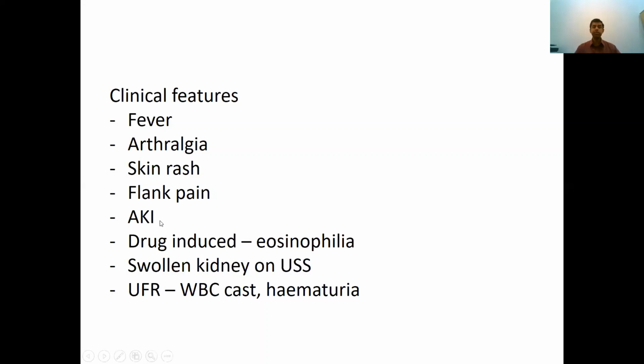These patients sometimes develop acute kidney injury, and if you are having acute interstitial nephritis secondary to certain drugs, in the full blood count you will see an eosinophilia at times, and in the urine report sometimes you will get eosinophiluria as well. And on the ultrasound scan, your kidneys may look swollen. And if you do a urine report, sometimes you will see white cell casts, hematuria, and even eosinophils in the urine sample as well.